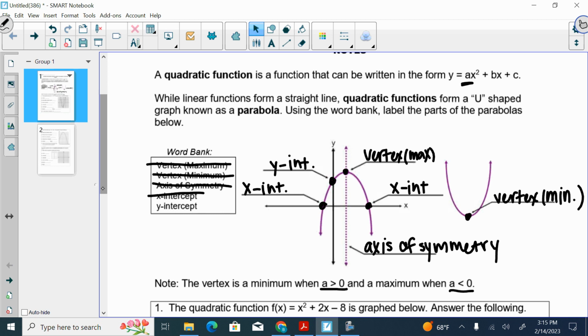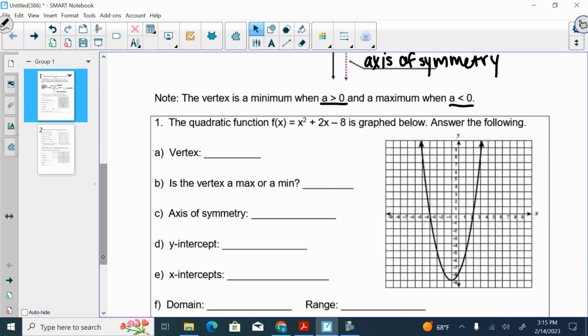Okay? All right, so it says that the quadratic function f of x equals x squared plus 2x minus 8 is graphed below, and they want us to answer the following questions. So the first thing they ask is, where is the vertex? So what's my vertex again? Yeah, the bottom of the U or the top of the U, right?